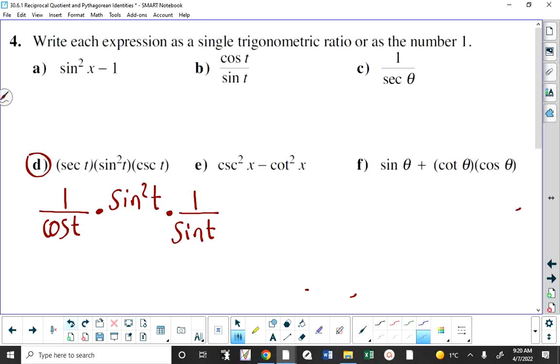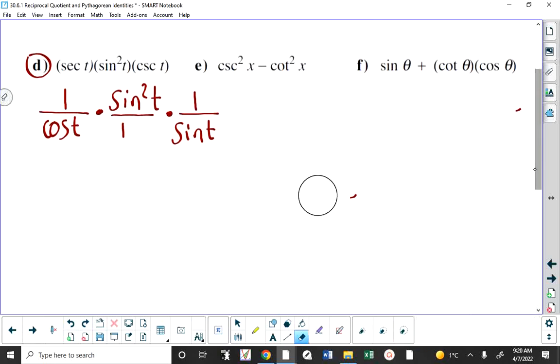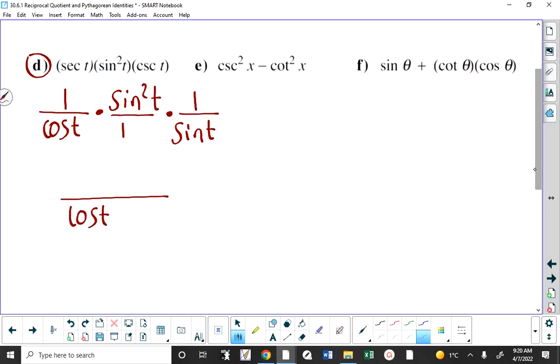And again, since we're multiplying, this goes back to rational expressions in 20-1. Since you're multiplying, you just multiply across the top and multiply across the bottom. So this line that I've written here, Reagan, I didn't need to do that. I could have said, well, the secant is 1 over cos, the sine is sine squared, the cosecant is 1 over sine.